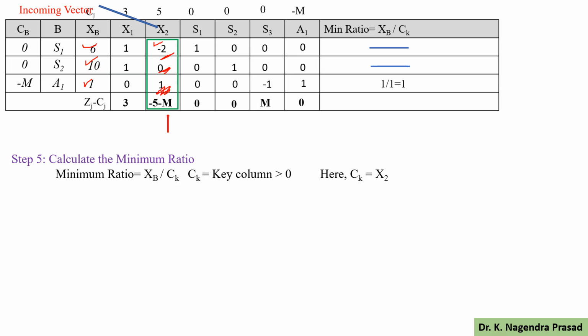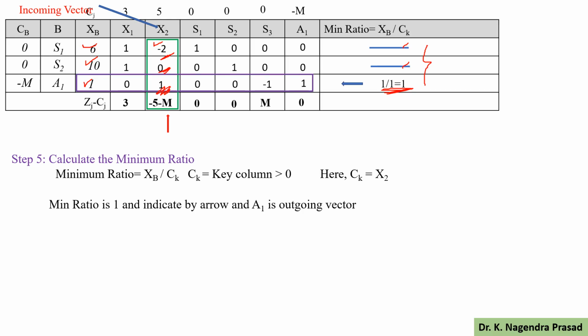So we have only one value, which is the minimum value. The minimum value is 1, for the A1 variable row. So the minimum ratio is 1, indicated by the arrow, and A1 is the outgoing vector.